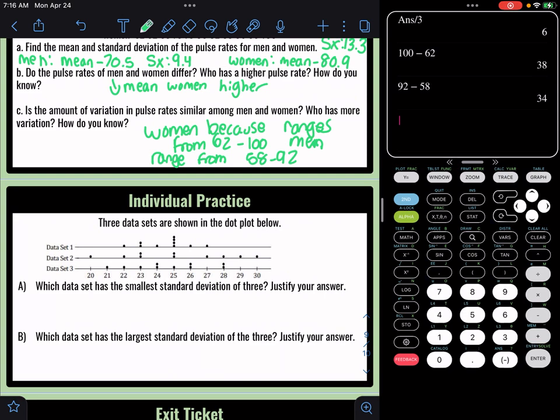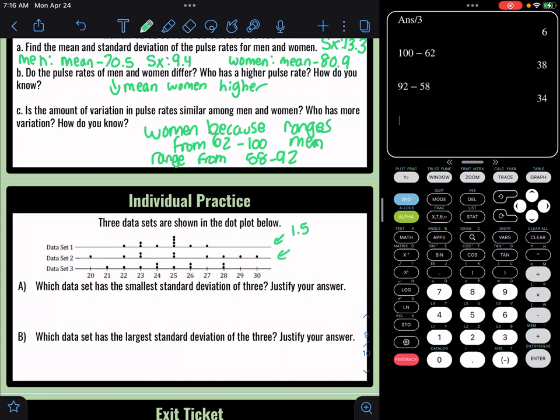I'm going to click menu, stat calc, one variable statistics. And my standard deviation for this one, the sample one, would be 1.5, because I don't know that this is everything.